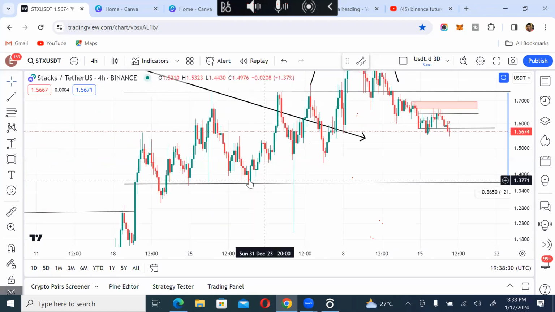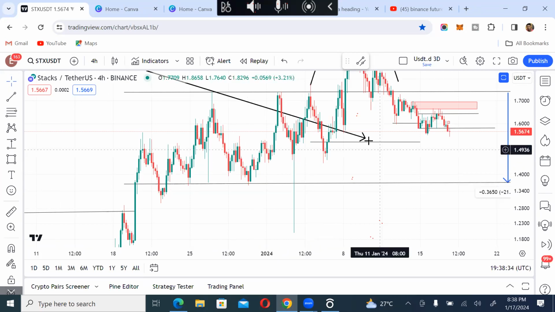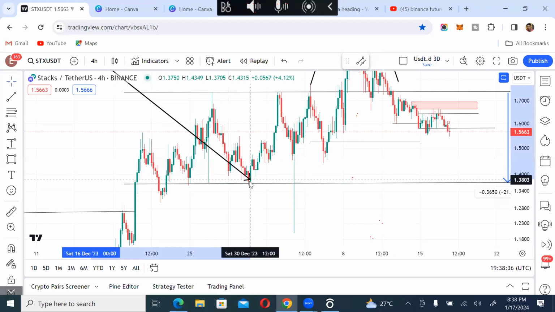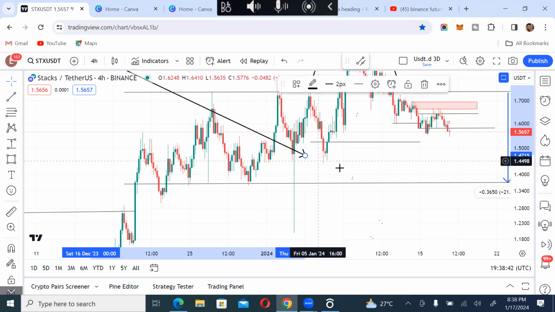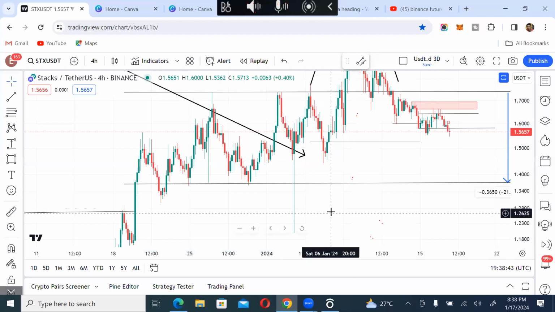This might take up to 2 weeks to play out. It will come back and take out this one here. You get me now? So basically, this is how to trade.